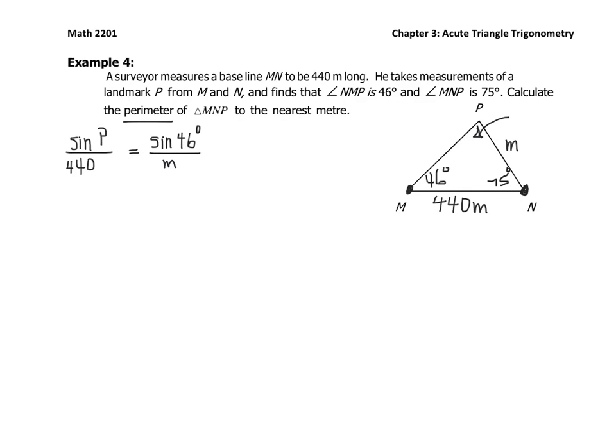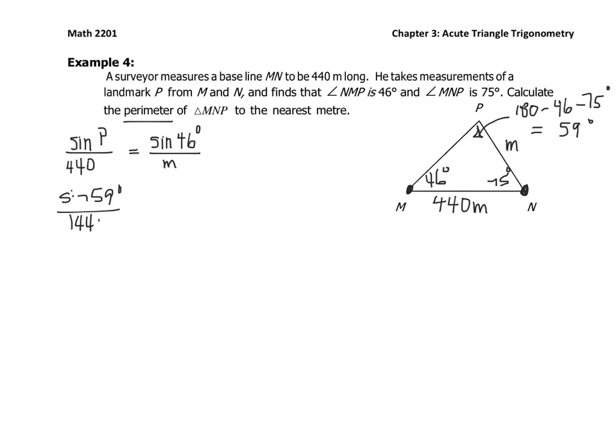So angle P would be 180, subtract, excuse me, sorry about that, subtract 46 and 75. So that would give you 59 degrees.